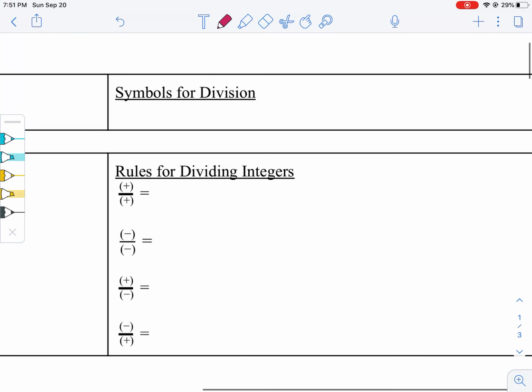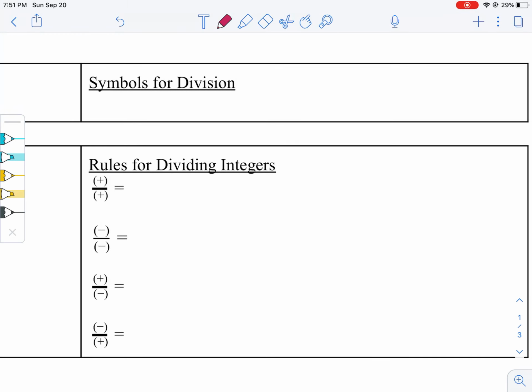Okay. Now our rules are very similar for division. Let's just talk about a couple symbols for division. We have our classic 10 divided by 5, our classic division sign. You may also see it written as a fraction, 10 over 2. You may see a slash, but that shouldn't really be used too much. 10 divided by 2.